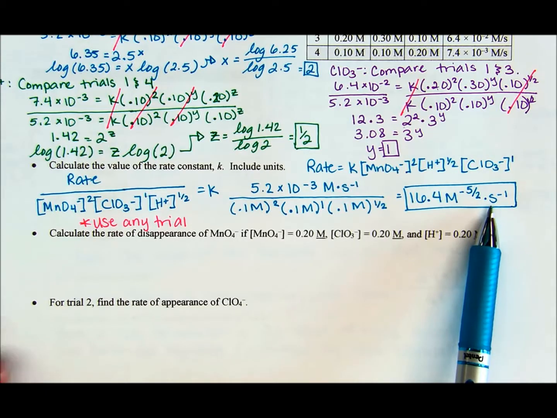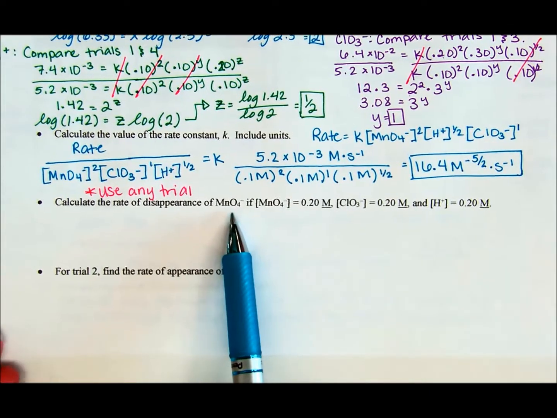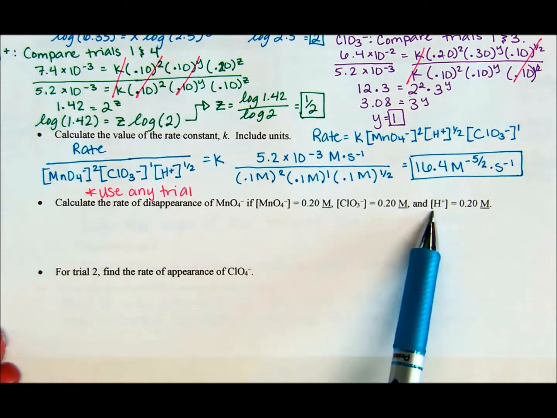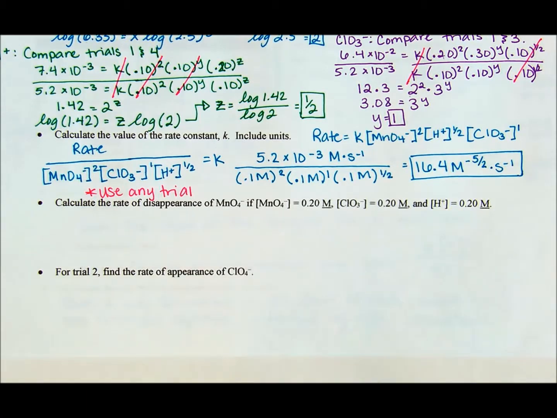Okay, let's calculate now the rate of disappearance of MnO4- if these are the concentrations. These are going to be your starting concentrations, so we're not going to use that data from any of the trials above. We're just going to plug in these ones.